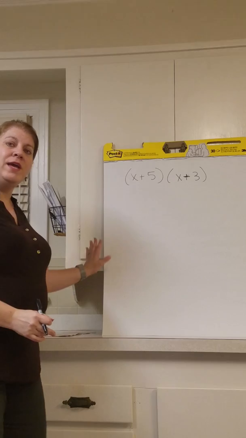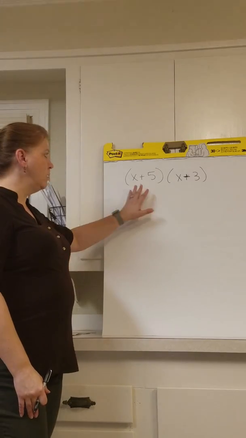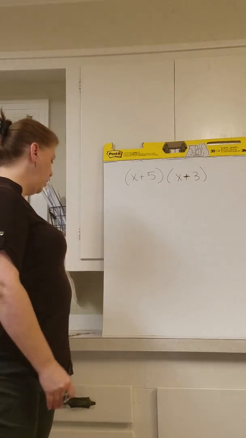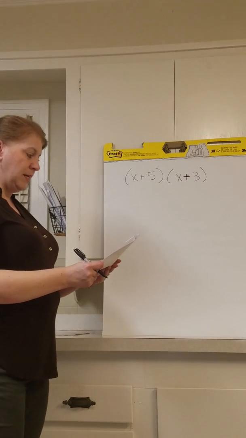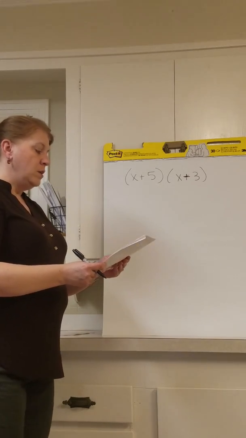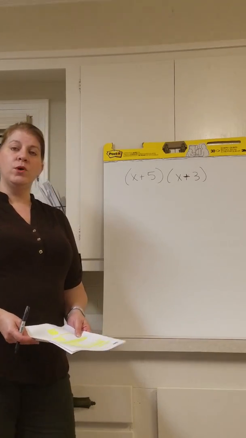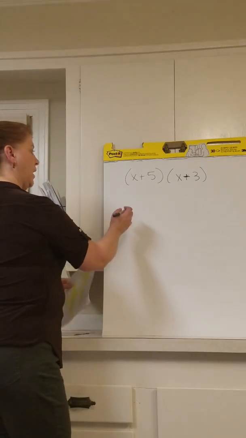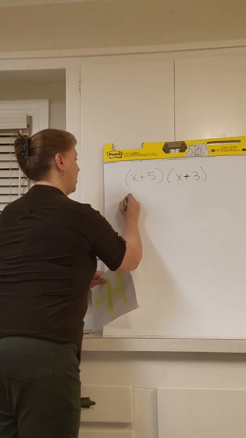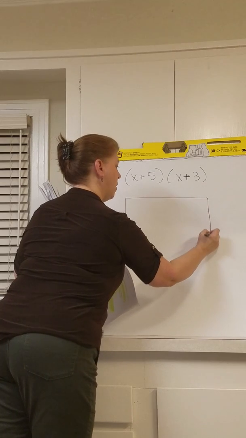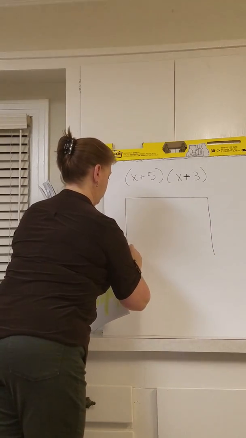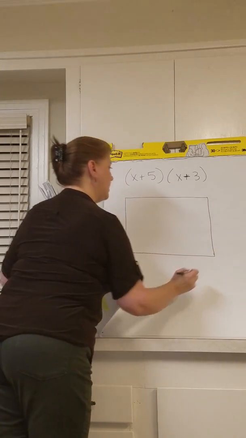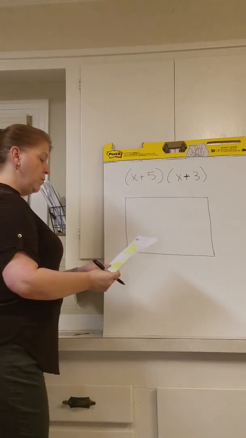So here now we have two polynomials, more specifically two binomials, x plus 5 times x plus 3. So again, we said we were going to start off with a similar model. So we have that rectangular model, but we said we were going to call it a tabular model now.